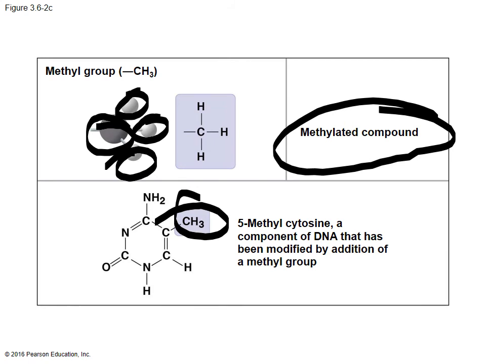The exception would be like this methyl group right here. So like this by itself, that molecule that you're looking at, that is cytosine. But 5-methylcytosine lets me know that whatever carbon is open is the one that's going to be the methylated carbon.